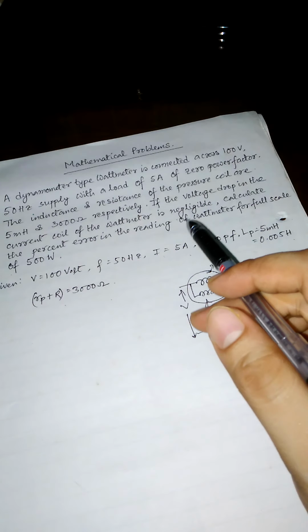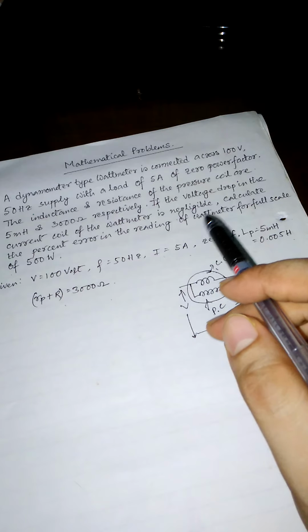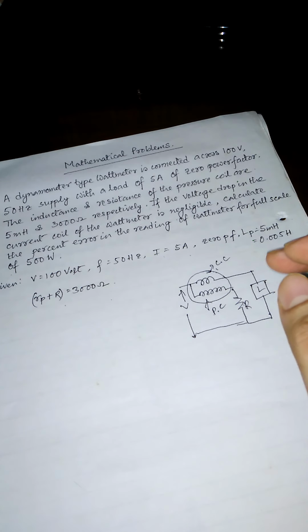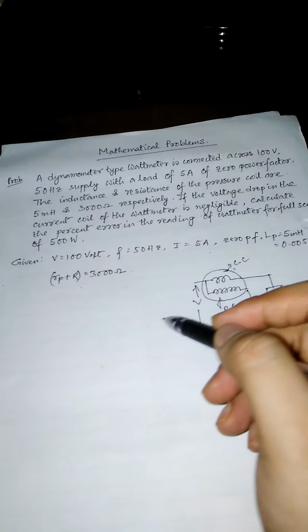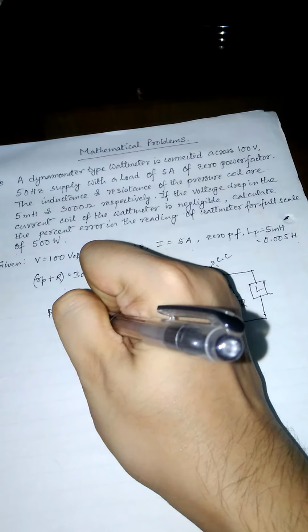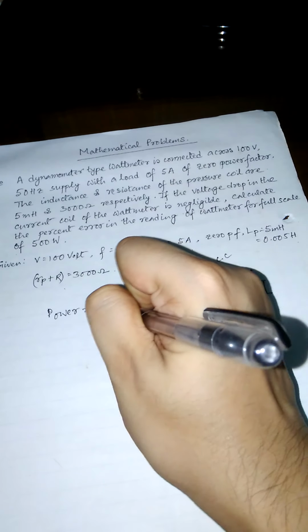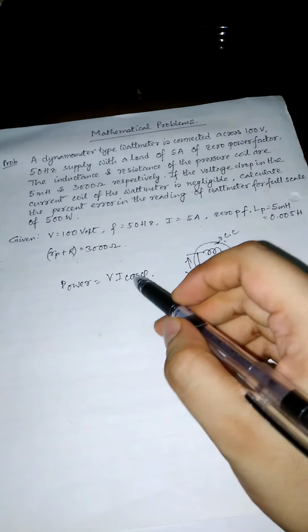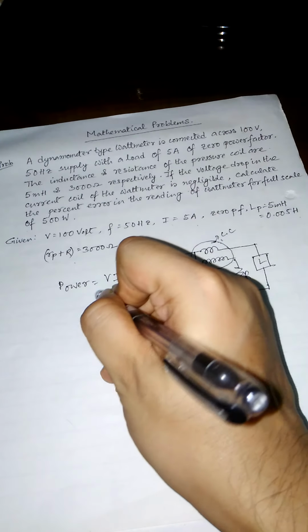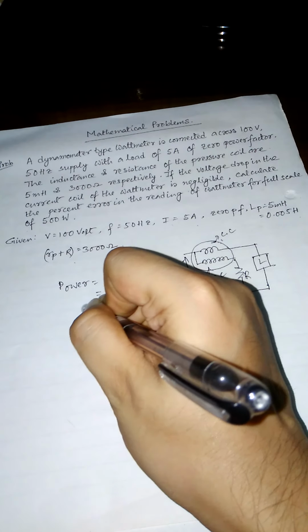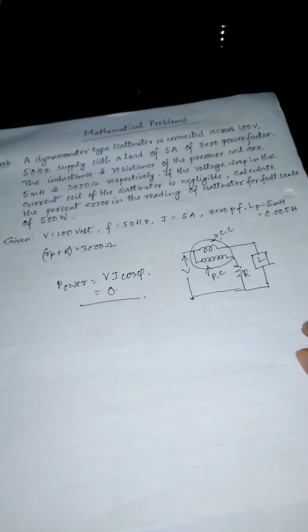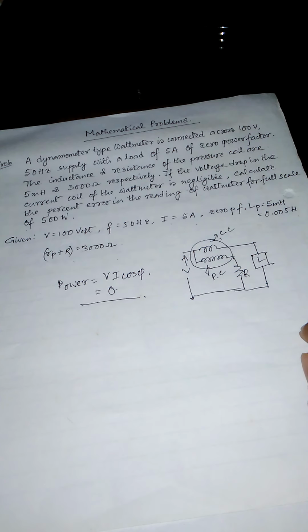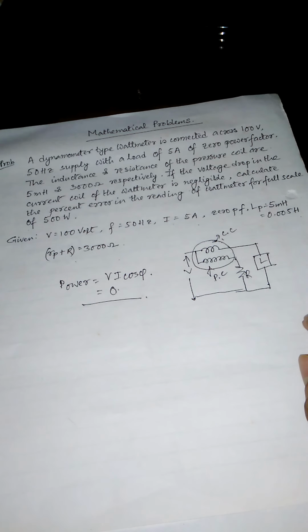If the wattmeter is totally accurate, then the measurement of power will be 0, because we know that the true power is equal to VI cos phi. So as cos phi is the power factor and this is 0, this should be 0 if our instrument is accurate.